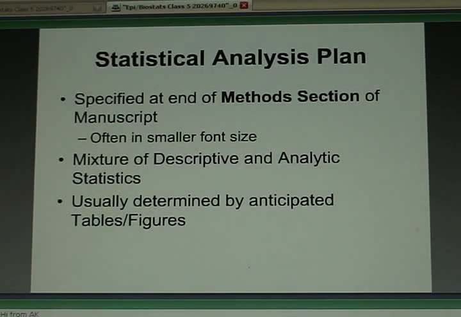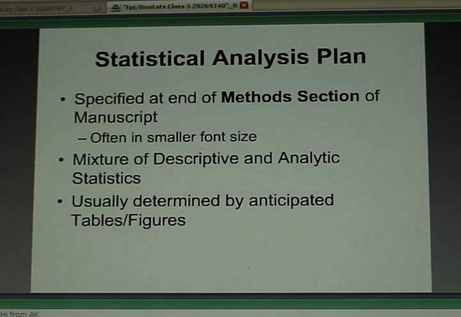And some journals put this method section in smaller font, which might mean that it's not as important to read. That might be true if you are just looking for the main results and not interested in how the results were obtained, how the study was designed, how the data was collected, how the analysis was done. But an educated consumer should evaluate any paper they read for its merits to decide whether this is a conclusion that you want to believe or not to believe that are reached from this paper.